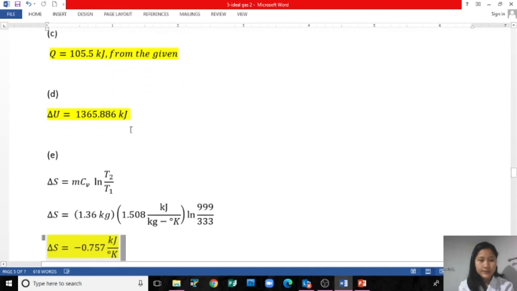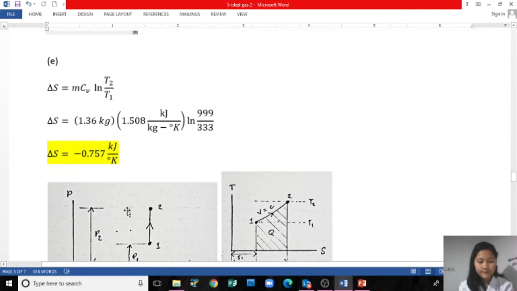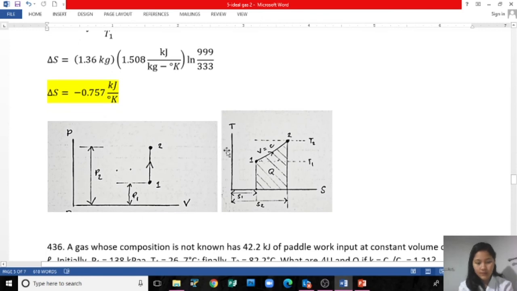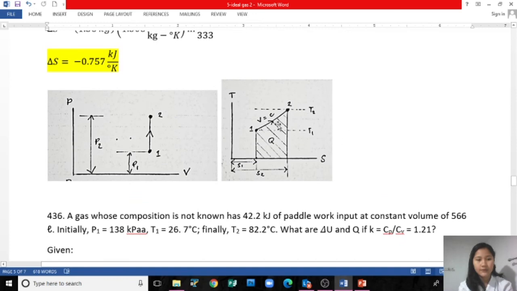Since delta U is positive, there is an increase in internal energy, and there is an entropy change involved here. Now, this is the PV and the TS planes for this problem. So this one is the same with the first problem that we solved previously.